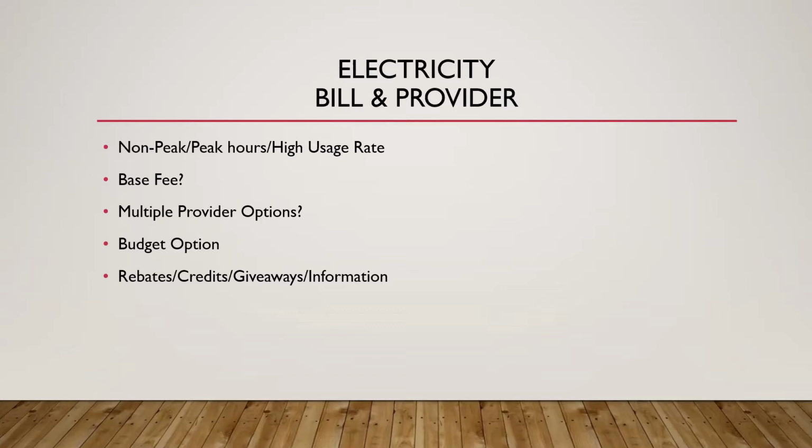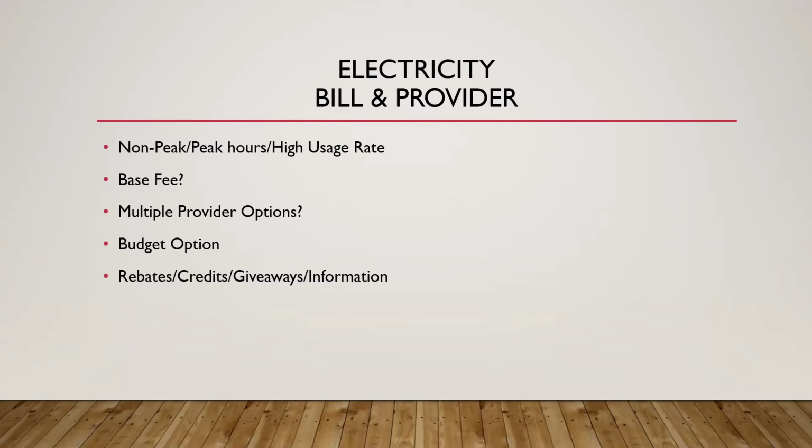Peak hours would be for when everybody else is using their electricity and the electricity company has to fire up more of its energy producing machines to send out the electricity to make sure that there's no blackouts or brownouts. And during these hours, they're going to charge you a higher rate per kilowatt.